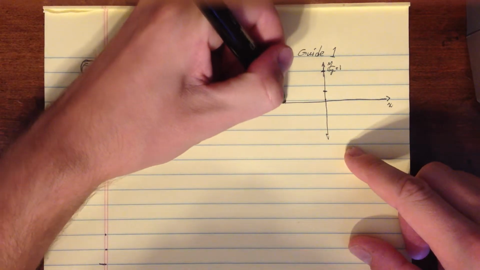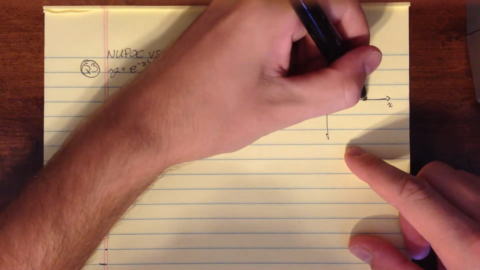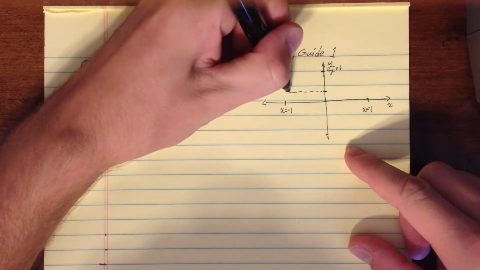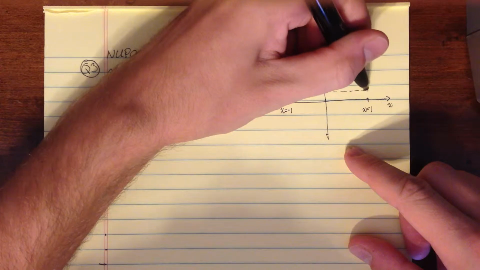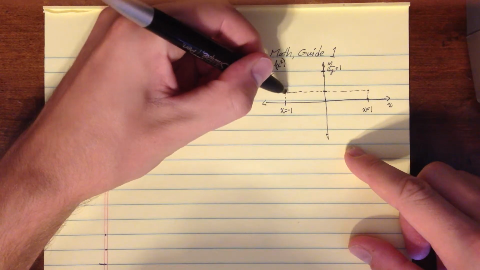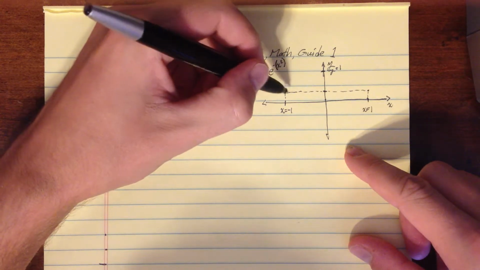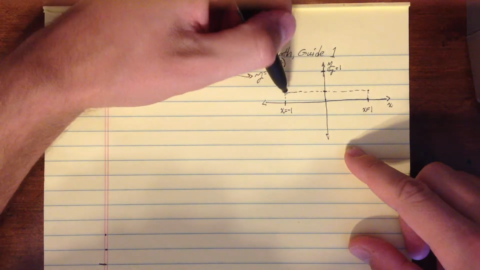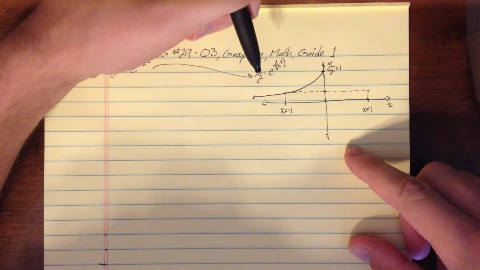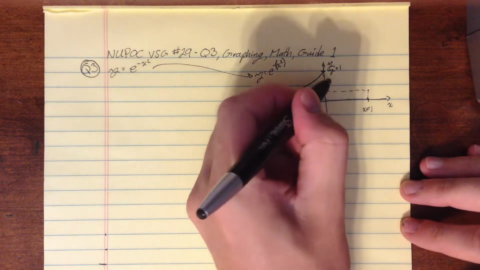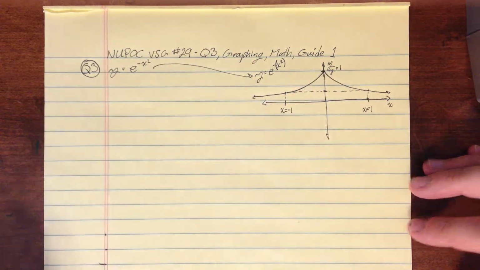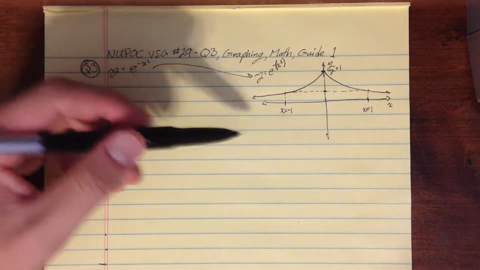So let's say x equals minus 1 is here, and x equals 1 is here. So this is 1 over e, the y value here is 1 over e at x equals minus 1, and again at x equals 1. So we intersect this point, and we decay towards negative infinity, and we decay towards positive infinity. Okay? And you'll see that's the same in the solution.